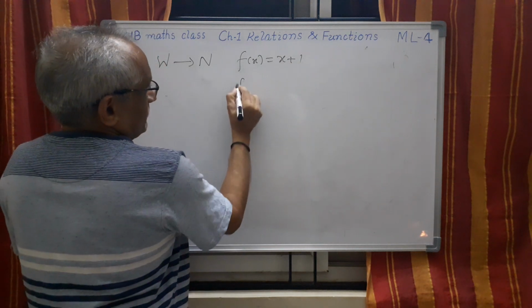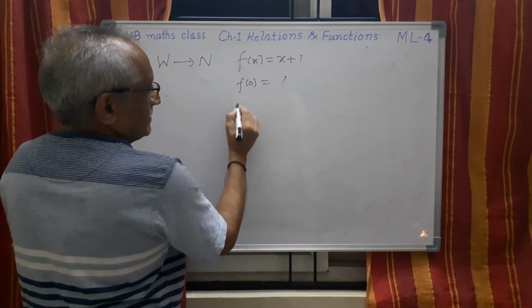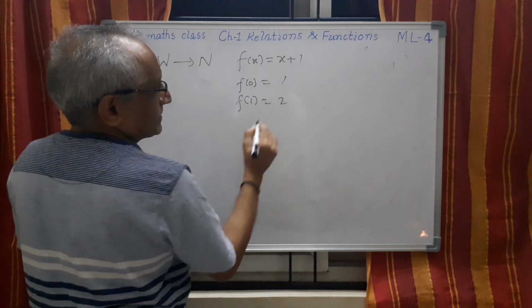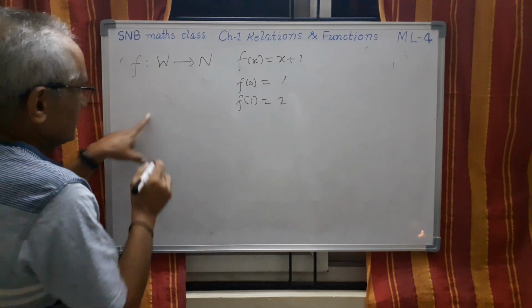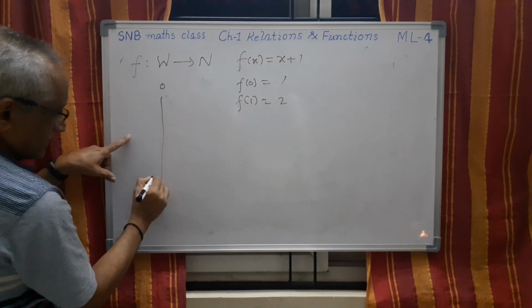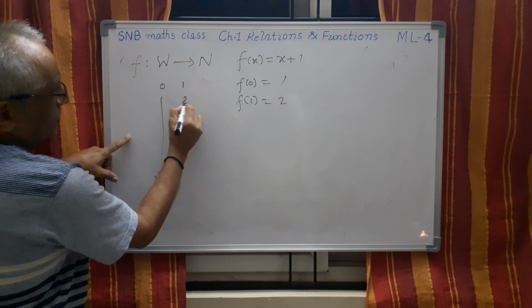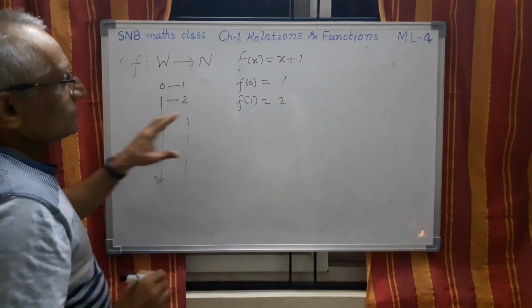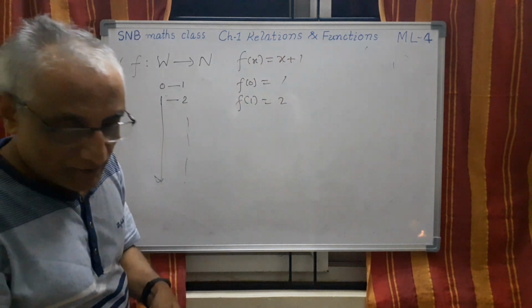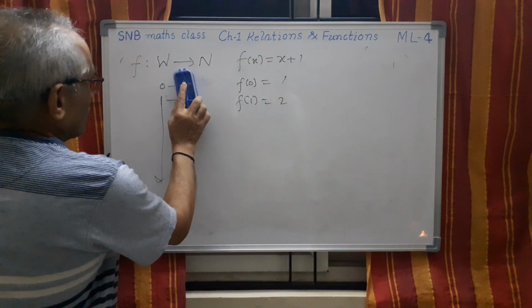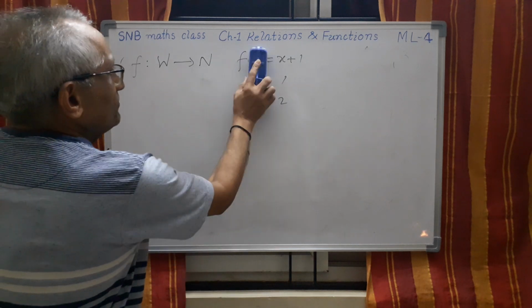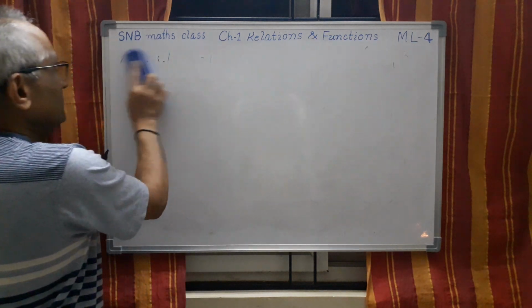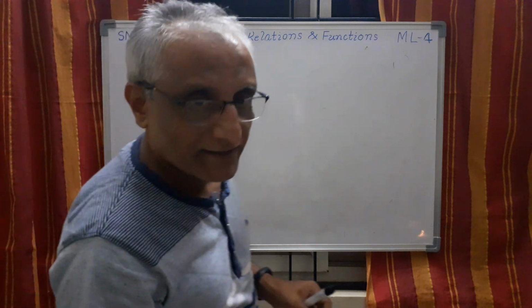So what happens? f of 0 will go to 1, f of 1 will go to 2, etc. So here it starts from 0 on this side, and here it starts from 1. This 0 goes to 1, 1 goes to 2, etc. So this becomes onto. Therefore, if you change the codomain and domain, you can also make it 1-1 and onto. This is one important concept we should remember.